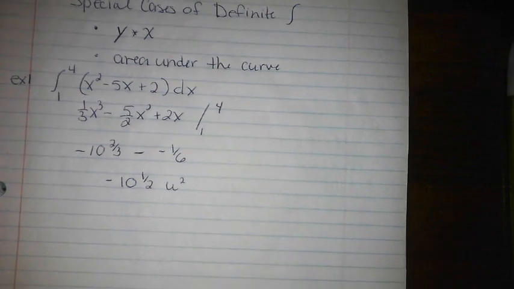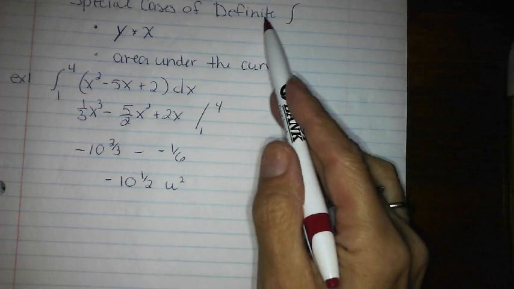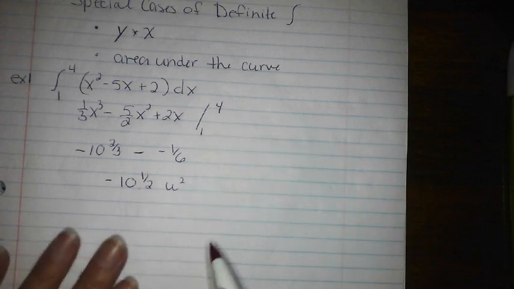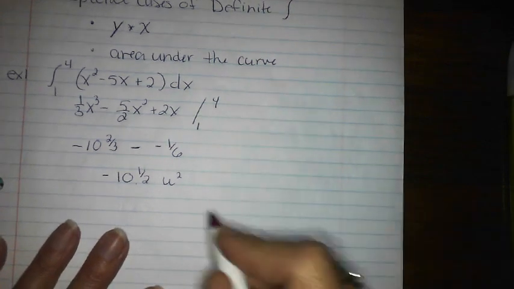Area is not negative. Well, these are the special cases where the actual value of the integral, this is the exact value, doesn't quite match the area, but you'll see where it comes from. We're going to see by looking at the graph.